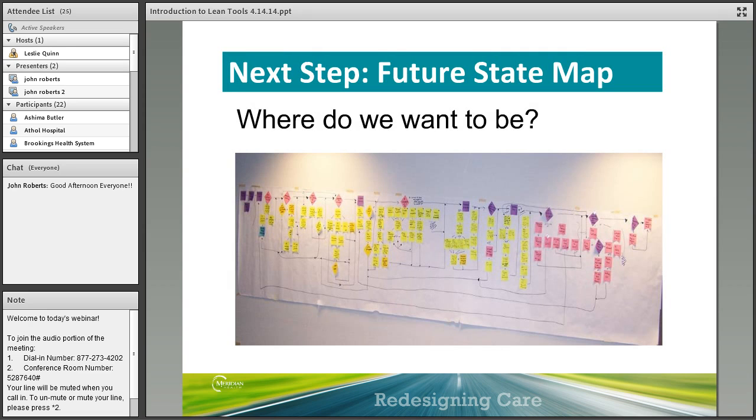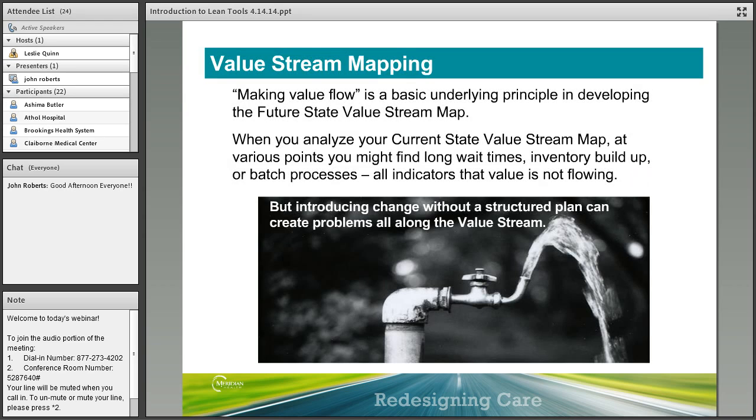The next step is designing that future state map. Basically, as I mentioned earlier, if we could redesign this whole thing and make it flow through the organization as smoothly as possible for our patients and for our staff, what would that look like?